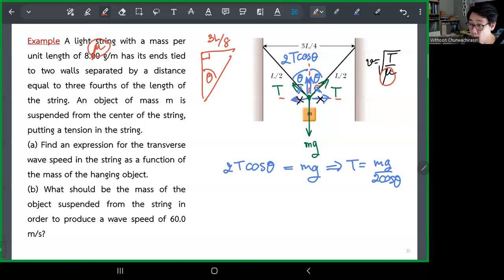Half of the 3L over 4. And then you know the hypotenuse to be L over 2. So by doing this, you should be able to figure out the theta already. So the theta is known, so you can plug it in, and that's it, guys. Your velocity that you really want is just mg over 2 mu cosine theta.